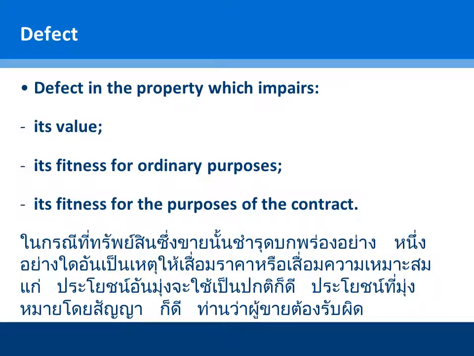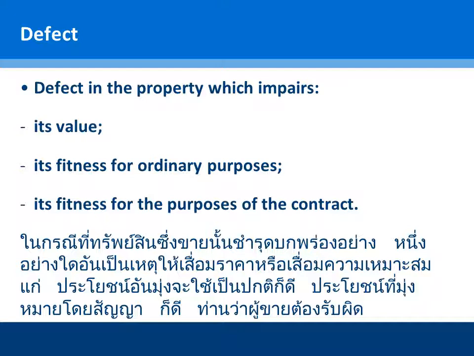The seller must warrant that the goods are free from defects. The warranty against defects includes defects which impair the value of the property as well as its fitness for ordinary purposes or the purposes of the contract. Suppose that I buy a dog.